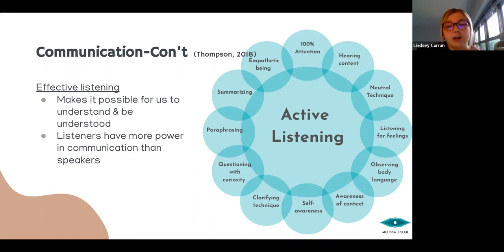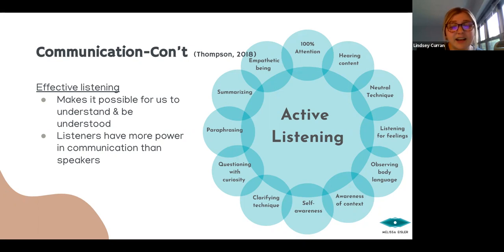I really like this chart on the side about active listening, and just to highlight a couple of them, active listening involves being empathetic, summarizing or paraphrasing what that person was trying to communicate to you to make sure you have an understanding of what they were trying to communicate to you.